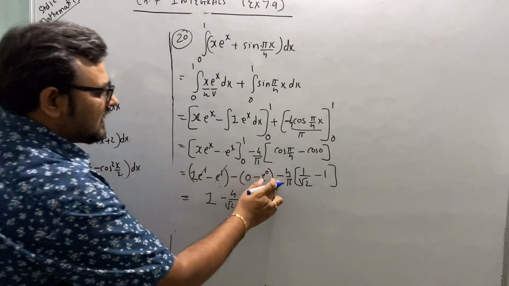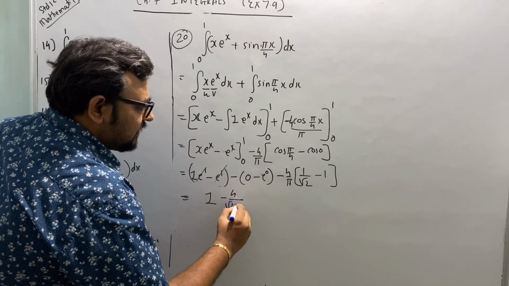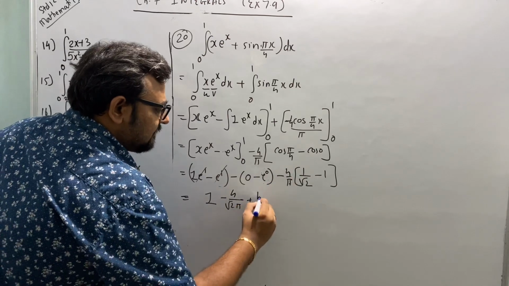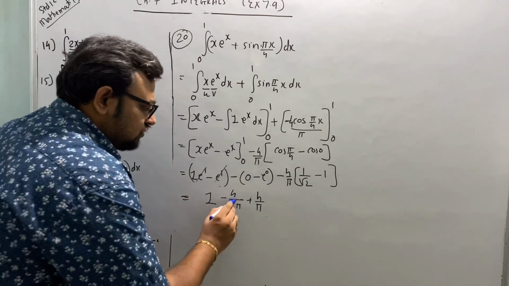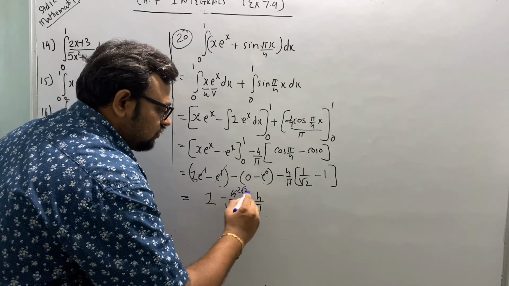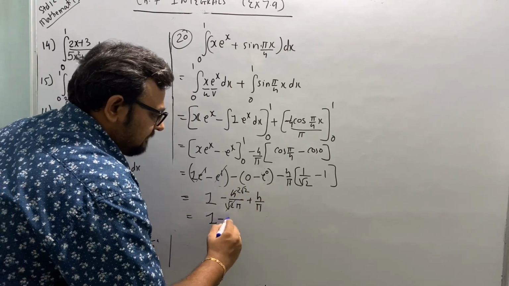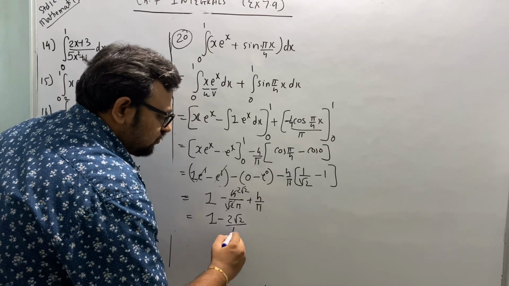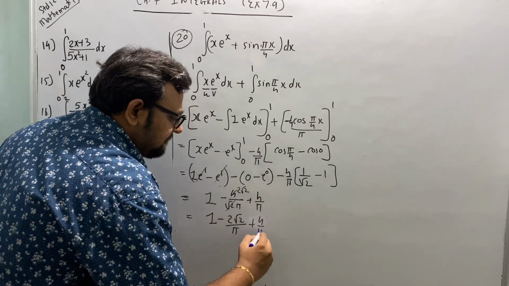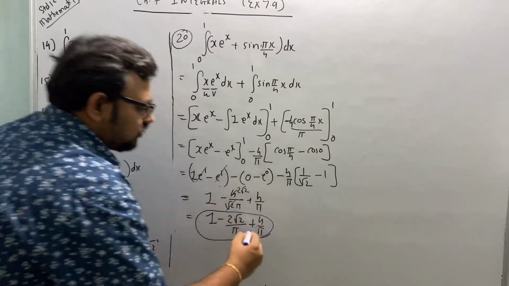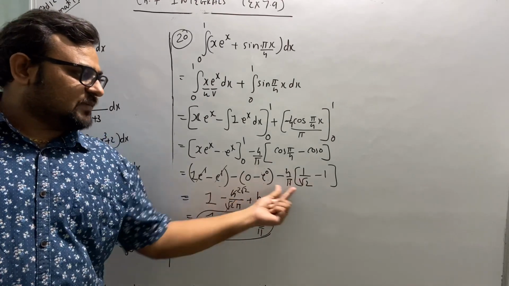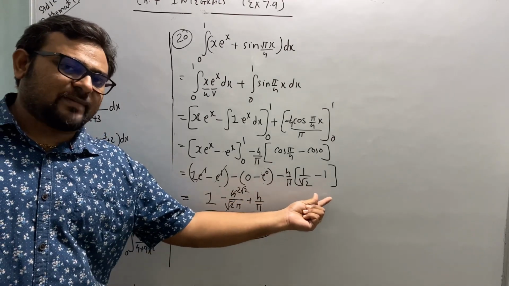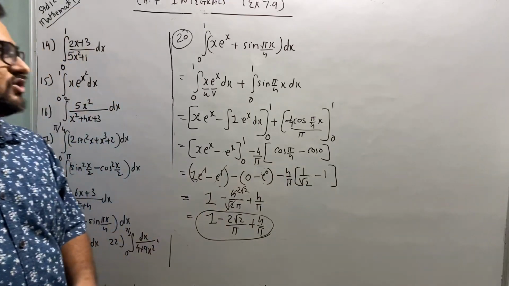Yes. Minus root 2 pi, minus minus plus 4 by pi. So now it's root 2, so it will be equal to 2 root 2. So 1 minus 2 root 2 by pi plus 4 by pi. Okay. So instead of taking the LCM, I have just multiplied 4 by pi into this bracket. And this is your answer.